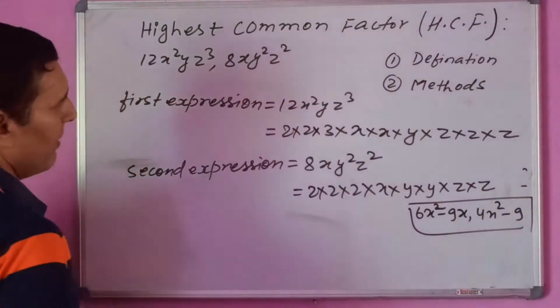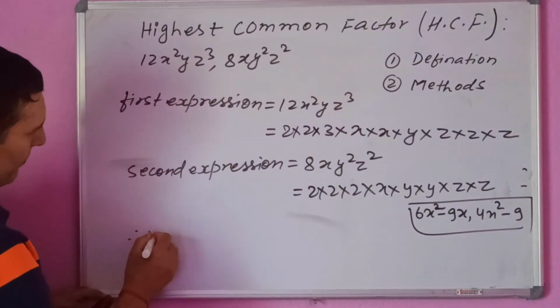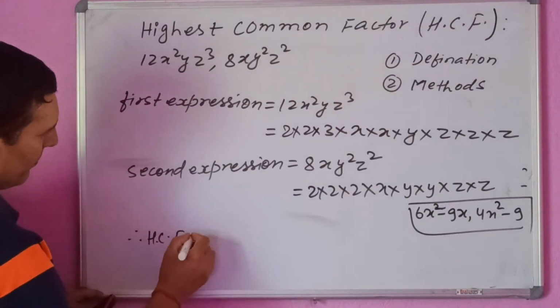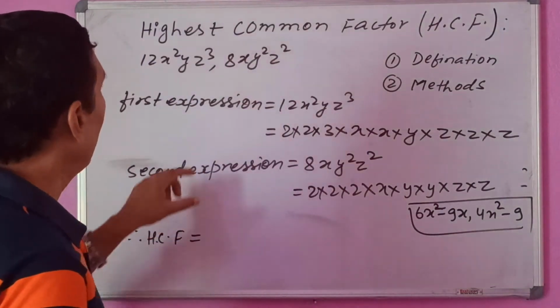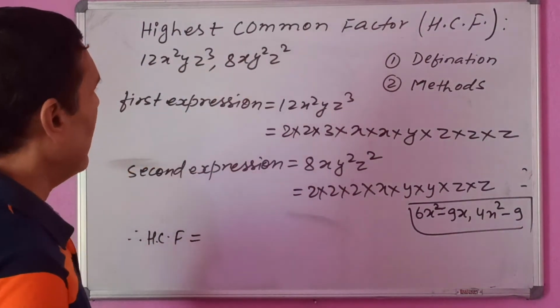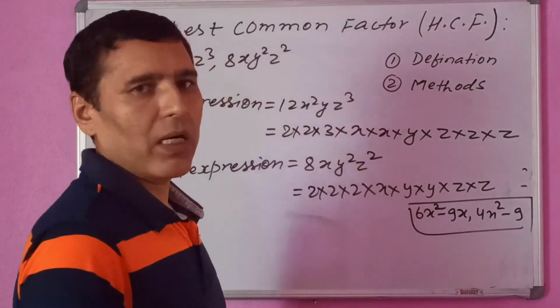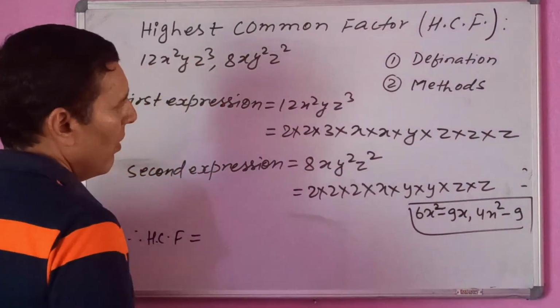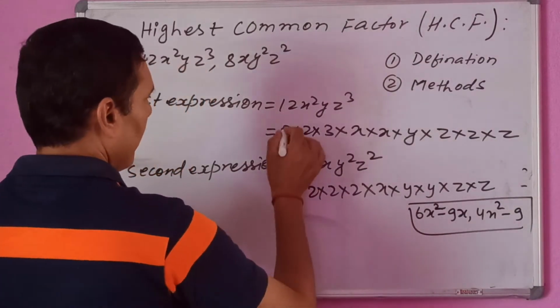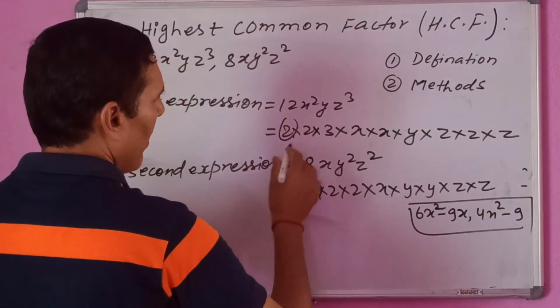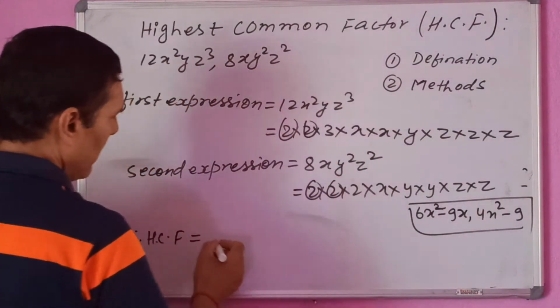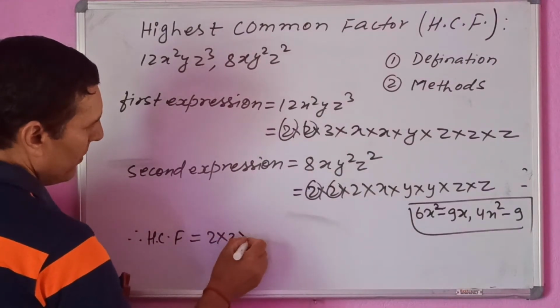What are the common factors here? In 12x square y z cube and 8x y square z square, what are the common factors? When we see the numbers, we have 2 and another 2, 2 into 2.